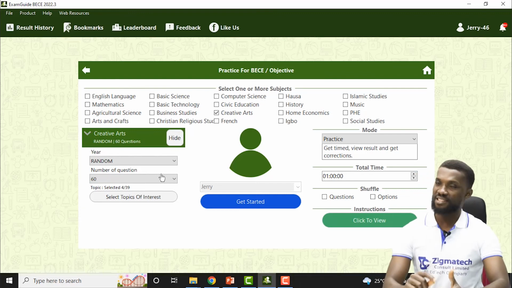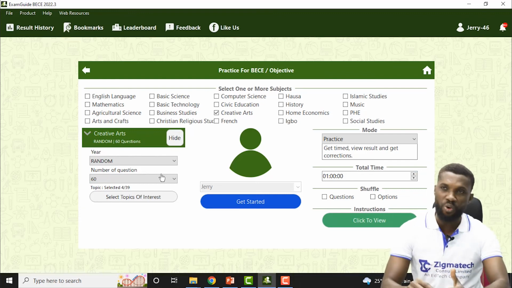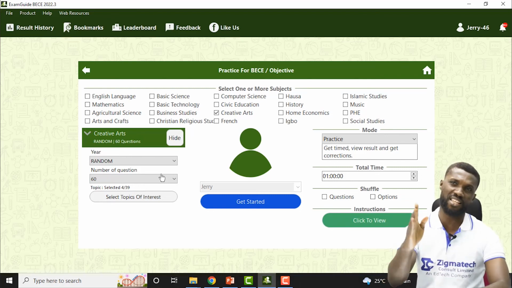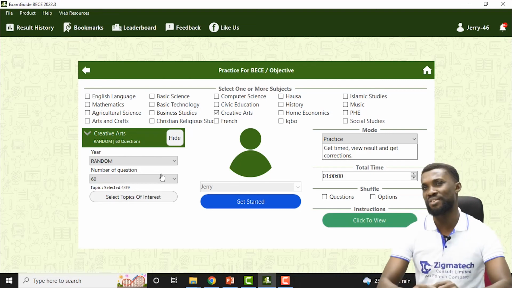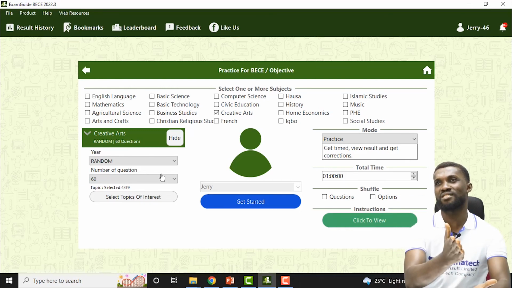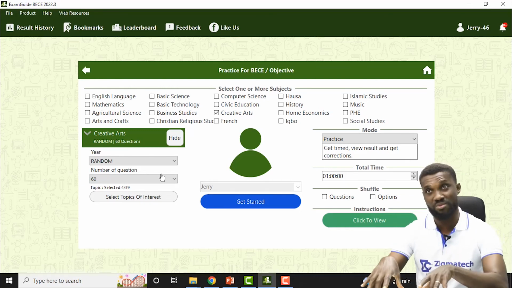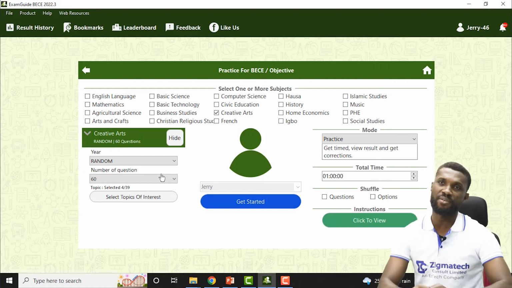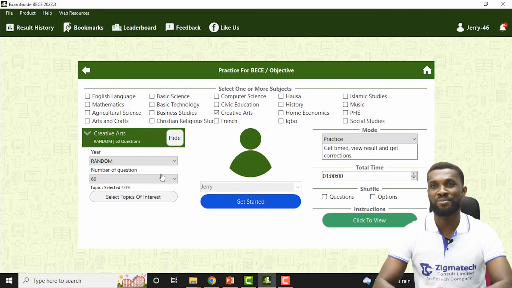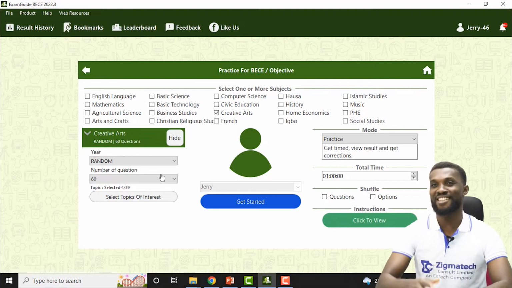Is it BECE? Is it your NECO? Is it GCE? Is it JAMB? Any of these exams, we got you covered. Just get the Exam Guide, install it in your device, and then use it. Try your hands there, because we have questions from 2000 down to 2022, as the case may be. So you can just give yourself a trial and help yourself out, to prepare yourself for straight A's.